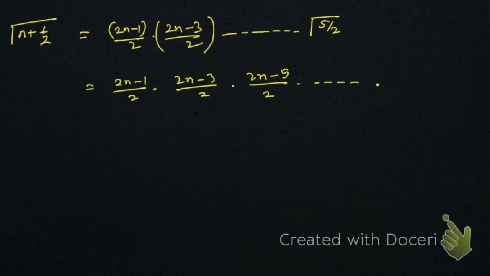So here gamma 5 by 2 is going to be equal to 3 by 2 times gamma 3 by 2, and gamma 3 by 2 is 1 by 2 times gamma 1 by 2, and gamma 1 by 2 is equal to square root of pi, right?